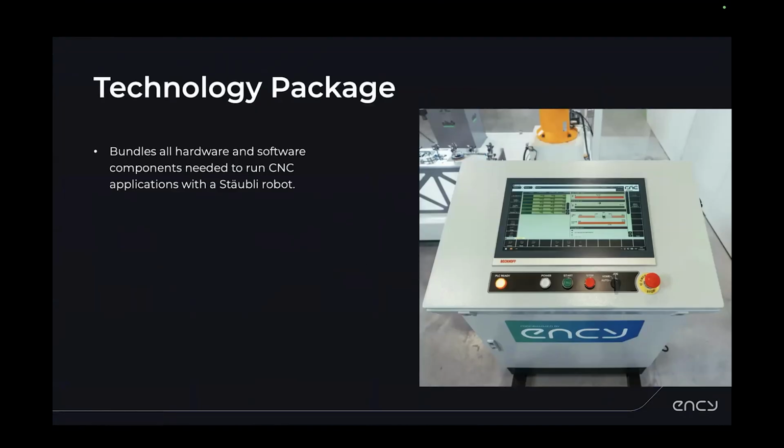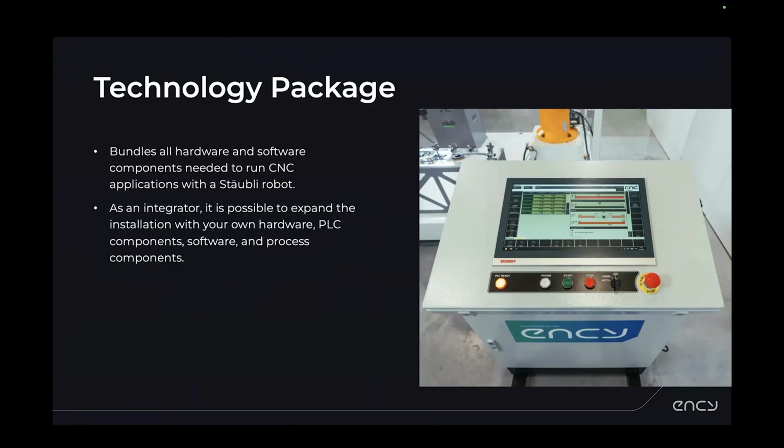We developed a technology package where the Staubli robot is controlled by a Beckhoff PLC, a motion controller within that PLC. The technology package really bundles all the hardware and software to run G-code on the robot. So you can really use your robot as a normal CNC machine and execute G-code on it.